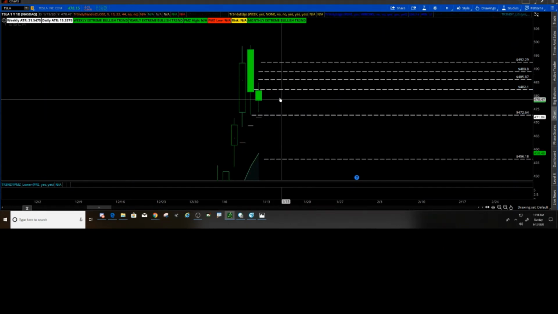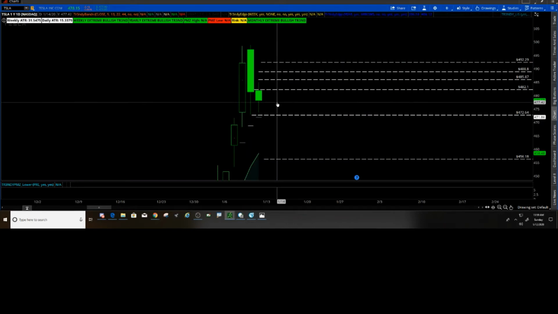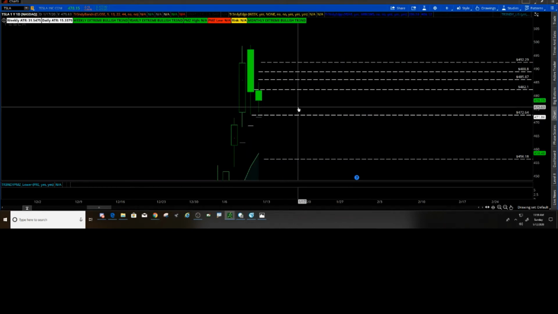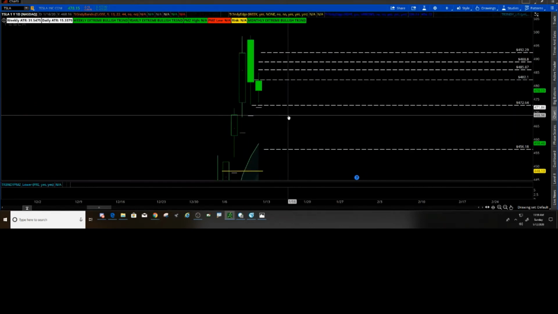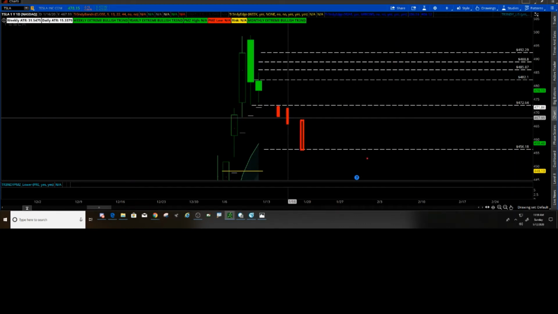So whatever happens in this region is just kind of a neutral standpoint. Because remember, on the weekly, I want to be seeing closes underneath here for this. And here, I really don't care what happens. I don't want to be caught up in this mess. So I would much rather see a close outside of this, okay, just like this.